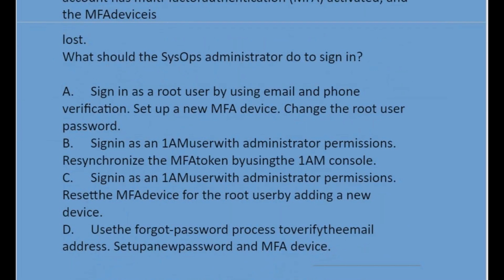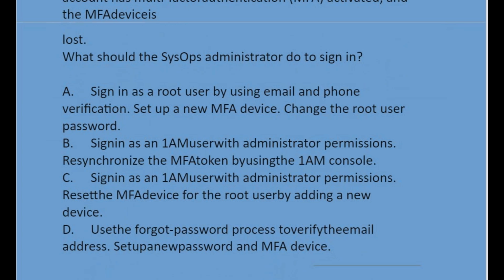Option A. Sign in as a root user by using email and phone verification. Set up a new MFA device. Change the root user password. Option B. Sign in as an IAM user with administrator permissions. Resynchronize the MFA token by using the IAM console.